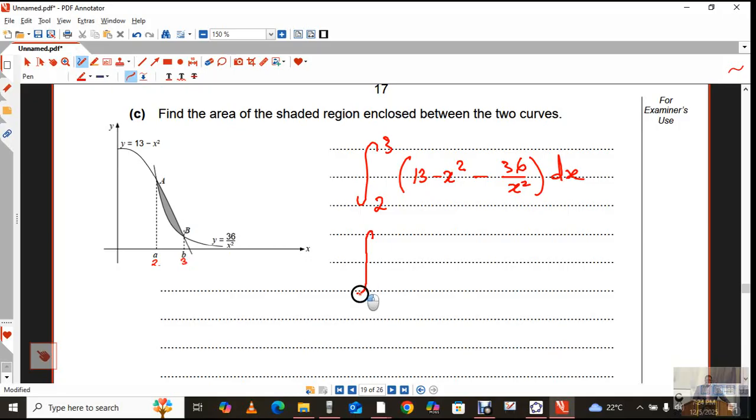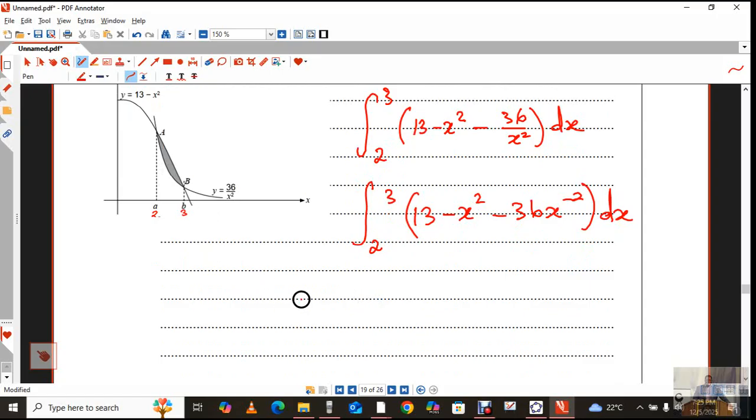Maybe I can just rewrite. I don't like this fraction here. So that is going to be 13 minus x squared minus 36x to the negative 2 dx. It's easier. And then from here we can just go ahead and say, okay, what is it going to give us? So adding 1 there is going to be 13x minus x cubed over 3 minus 36.